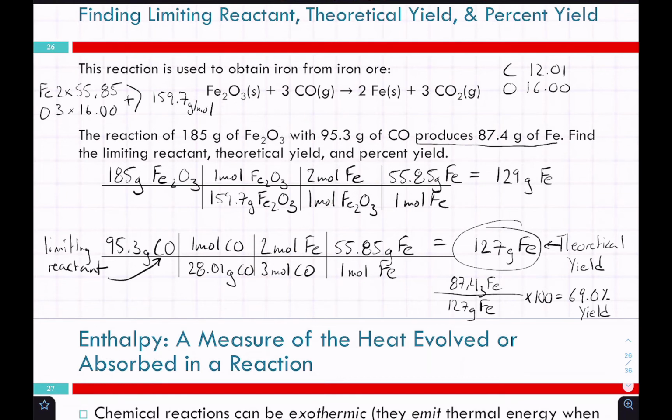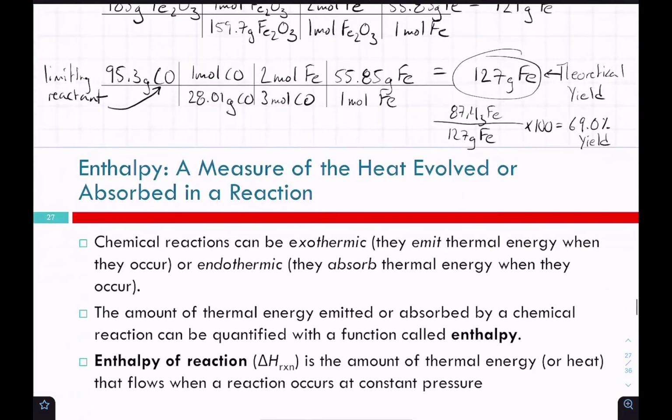So the only things that you ever need to include are your starting number, and then you calculate molar mass, molar ratio, and then the molar mass to get whatever the question's asking for. All right, gotta move on though.